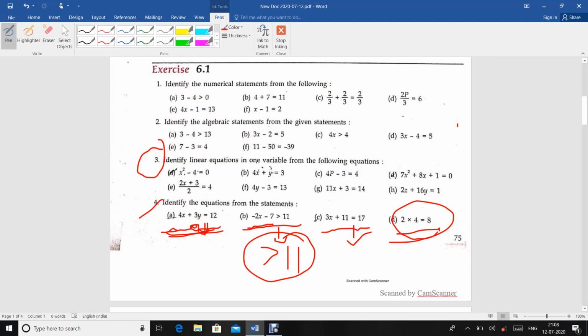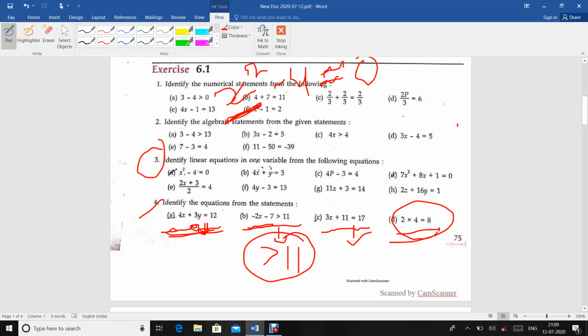Now see question number 3. Question number 3 says to identify linear equations in one variable from the following equations. Remember, if any algebraic equation has degree 1, then it is a linear equation in one variable. Firstly, you have x square minus 4 is equal to 0.